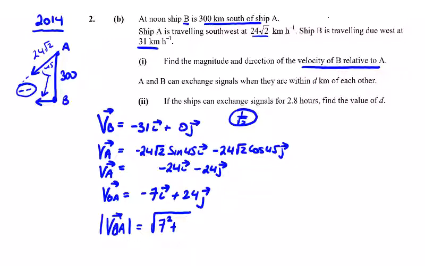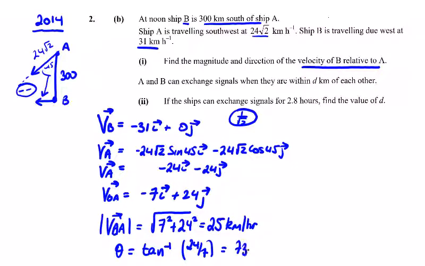If you're getting to this and have never seen that, well, I'm not sure that's possible. 25 kilometers an hour, and then this angle, the angle theta, is equal to the inverse tan of 24 over 7, which gives 73.74 degrees.